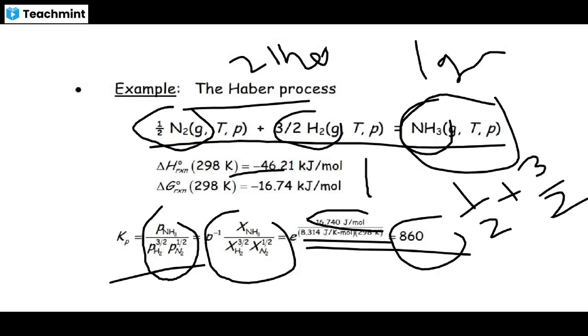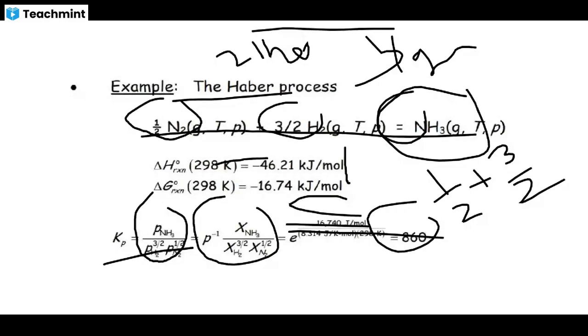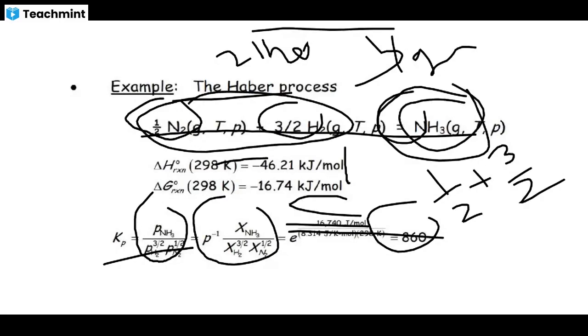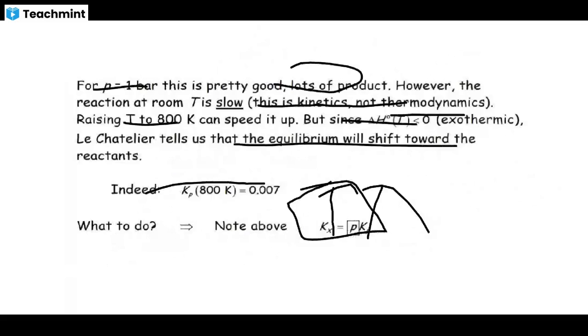So it shifts towards product. Because with lots of gas, when you increase the pressure, it should reduce the number of gas moles, so that it can withstand the pressure applied. That is the concept.